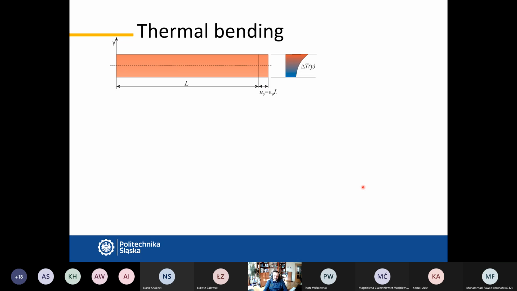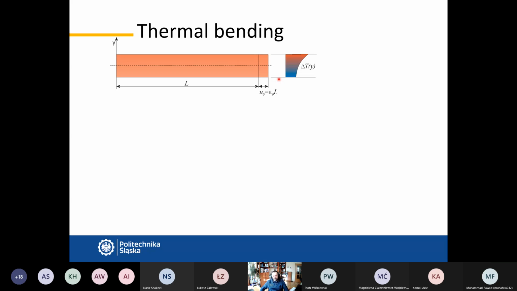So thermal bending. This is the situation now, similar to what we discussed a minute before, but the problem is now that the distribution of temperature is unsymmetric. So it is not symmetrical. For example, here is colder than upwards.